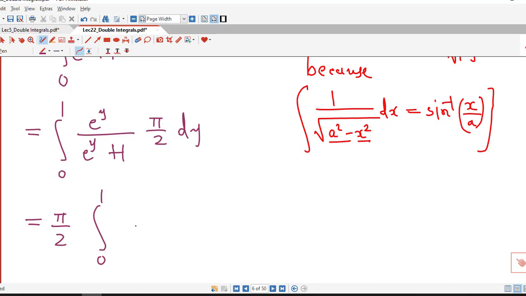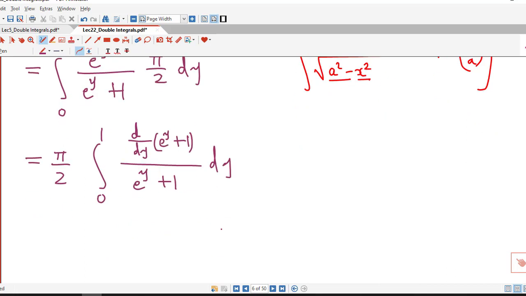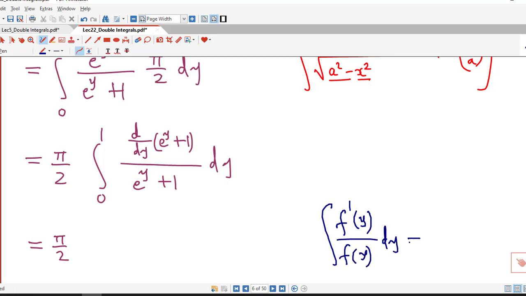Now here if we observe, in the denominator we have e raised to y plus 1, and the derivative of e raised to y plus 1 is e raised to y. So we replace e raised to y by the derivative of e raised to y plus 1. And as we know, the formula for this type of integral is that if we have f dash y over f of y, then this is equal to log of f of y.